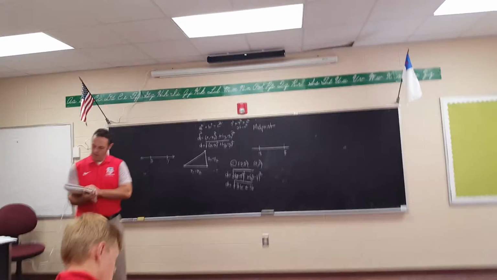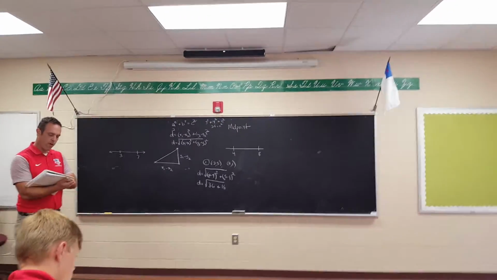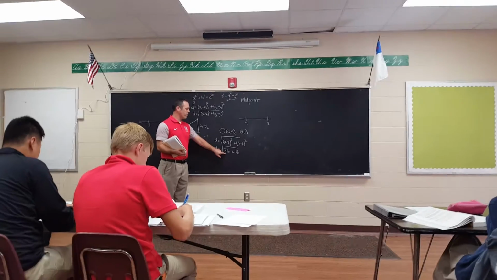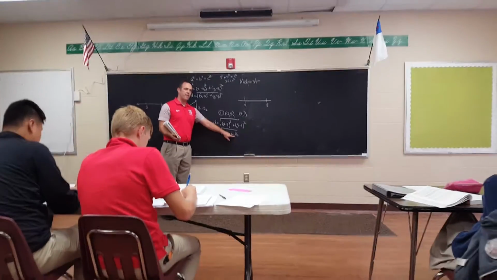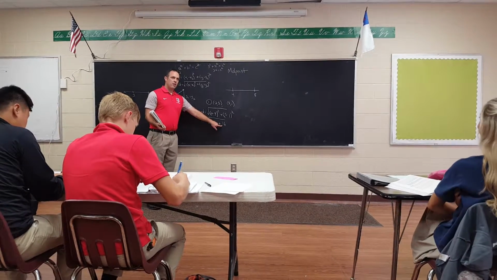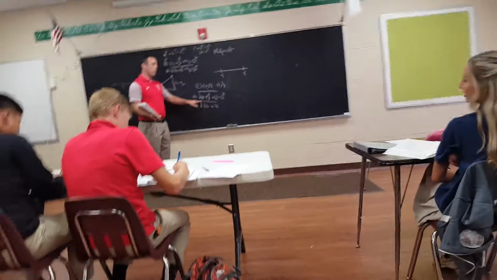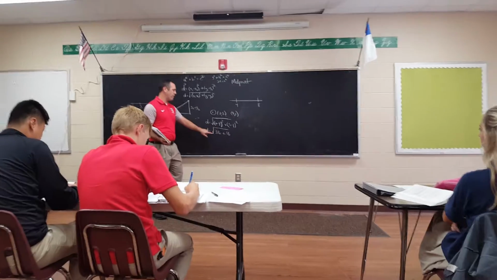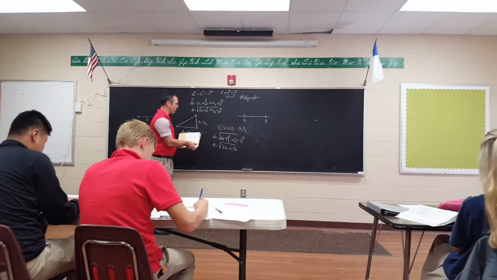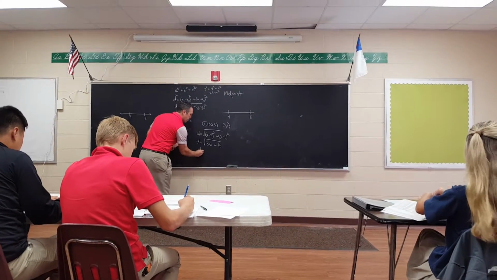Okay. Now here's what you have to be careful with. Can we take the square root of 36 and the square root of 16 and then add them? No, we cannot. Square roots we do after, so we've got to add 36 and 16 and then take the square root.